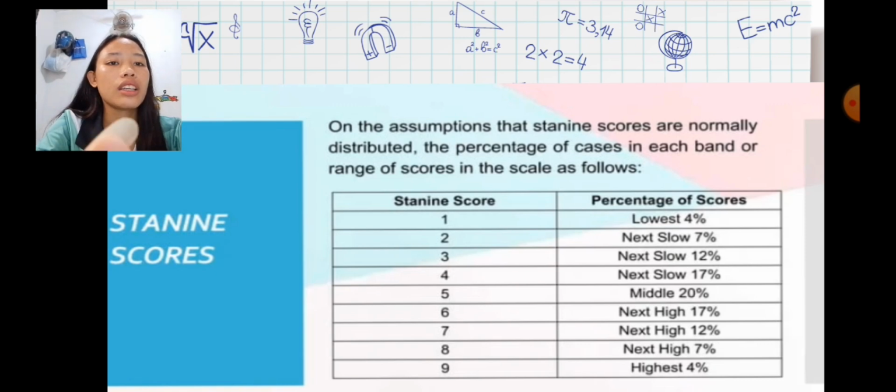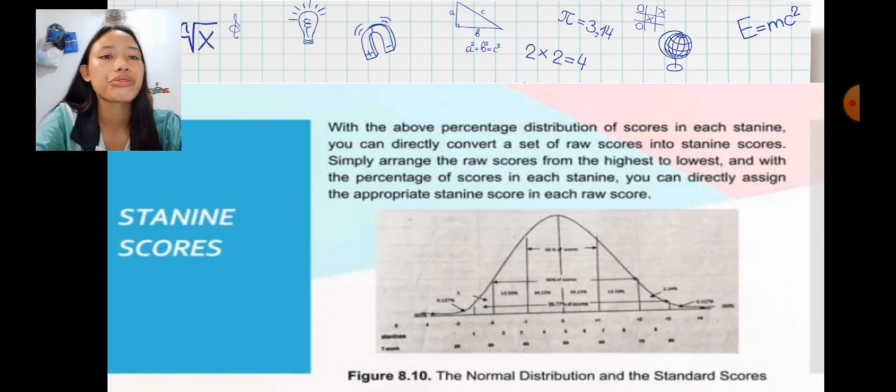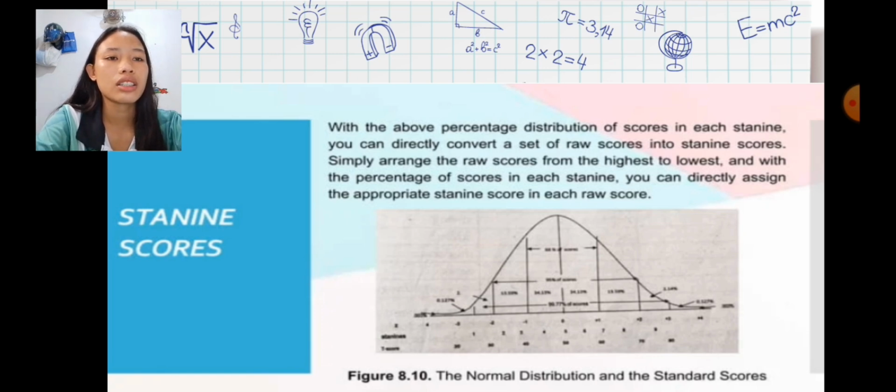With the above percentage distribution of scores in each stanine, you can directly convert a set of raw scores into stanine scores. Simply arrange the raw scores from highest to lowest, and with the percentage of scores in each stanine, you can directly assign the appropriate stanine score to each raw score.